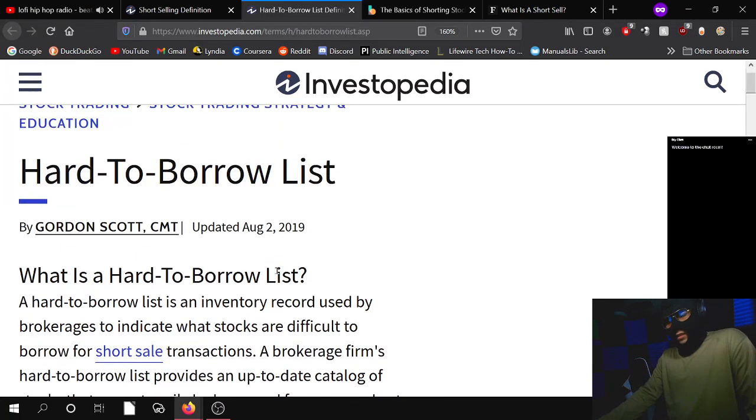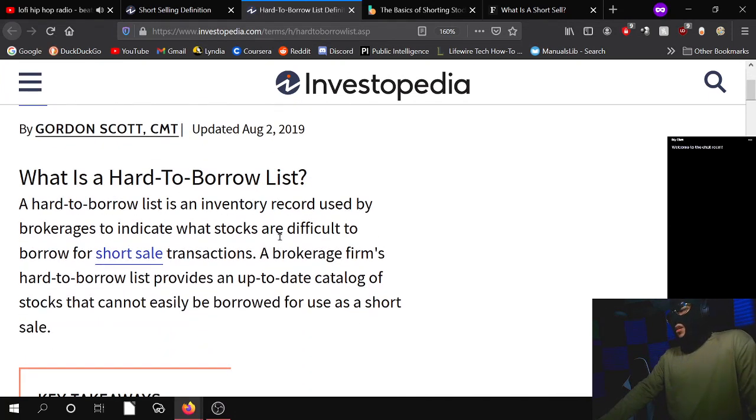So, in this sense, let's go with the average Joe with apps, because apps pretty much work with brokers. That's how people are able to put money in stocks, because they're going through a broker. But in this case, it's a broker using an entire application service. In that case, you go to the list of whatever you want to put in for borrowing, for lending, and stuff like that.